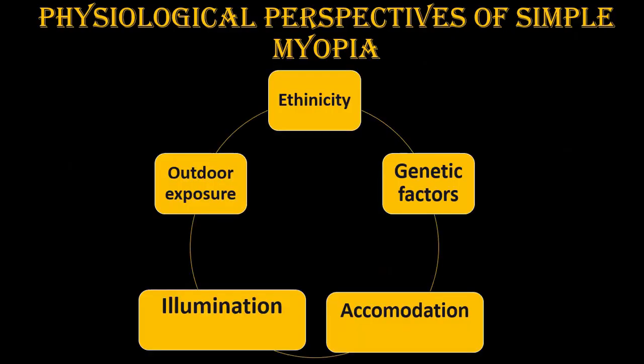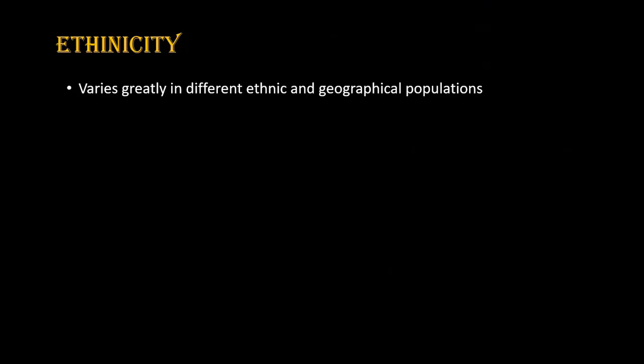Coming to physiological perspectives, we'll see this under 5 topics: ethnicity, genetic factors, accommodation, illumination, and outdoor exposure. Simple myopia varies greatly in different ethnic and geographical populations.